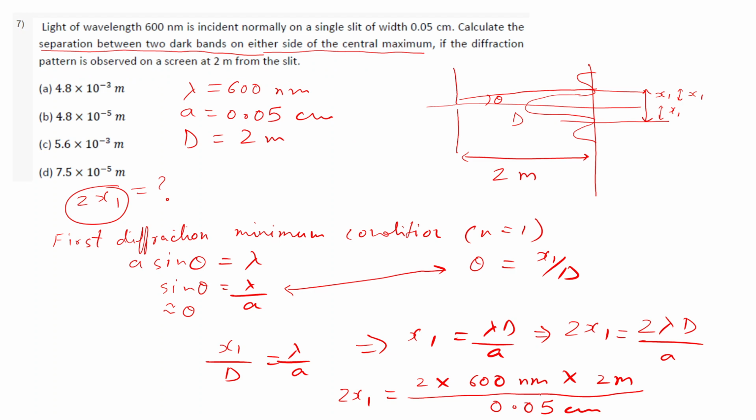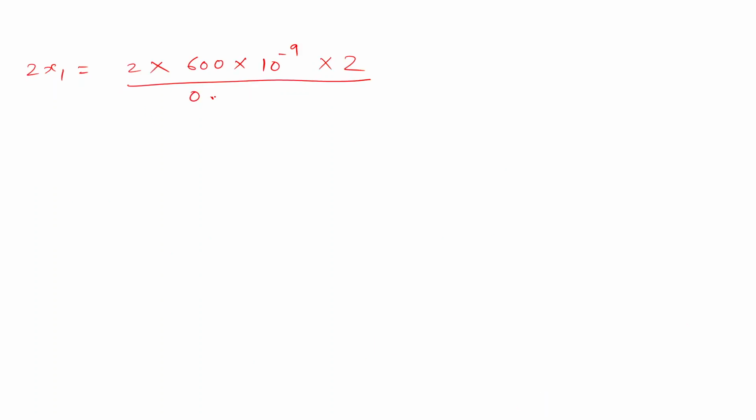Then 0.05 centimeter means 0.05 times 10 to the power minus 2 meters. Yeah, and I'll calculate this. I will get 4 times 600 divided by 0.05, that is 8000 times. When I'll solve these powers, it will be 2 minus 9, that is 10 to the power minus 7 meters.